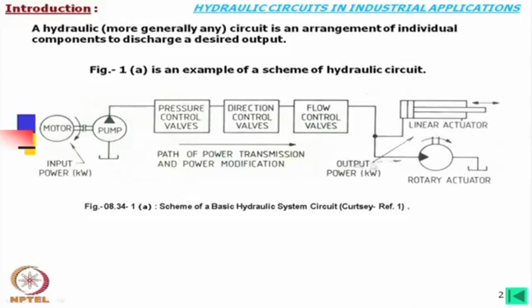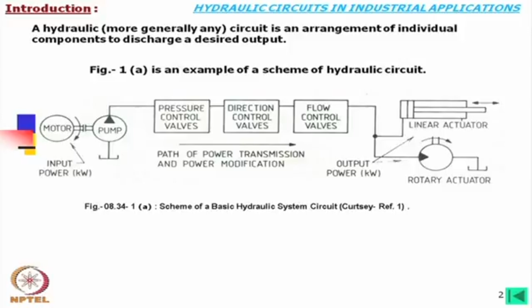In this schematic view, we find that there is a pump. The pump is driven by a motor, and then essentially there are pressure control valves. In that group, it may be a pressure reducing valve or anything, but here pressure control valve means actually a safety valve, that is, a pressure relief valve is used.